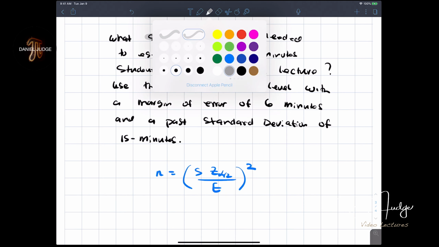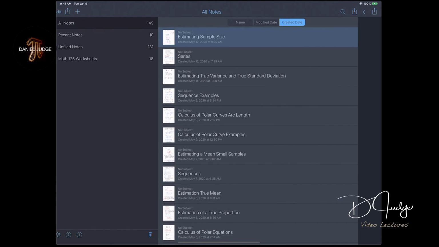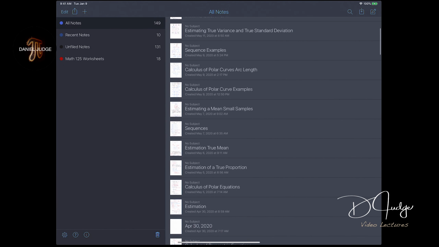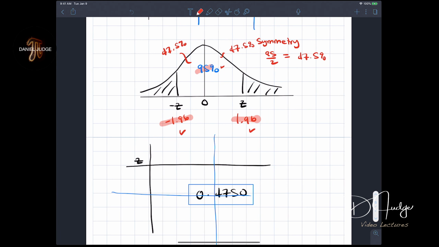They're going to want us to use the 99% confidence level. So I have to know that Z alpha over 2 associated with the 99% confidence level. I need that Z value. Anybody happen to know what that is? I'm going to have to go all the way back to my estimation. 99%?